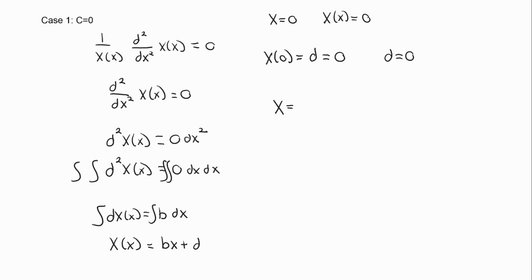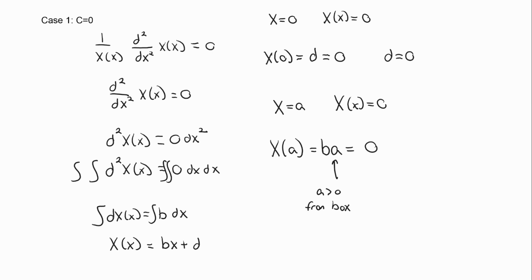Whenever x is equal to a, our function of x is equal to 0. So x of a is equal to b times a, which is equal to 0. The only way this is equal to 0 is if b is equal to 0 or a is equal to 0, and we know a is greater than 0 from our box definition.